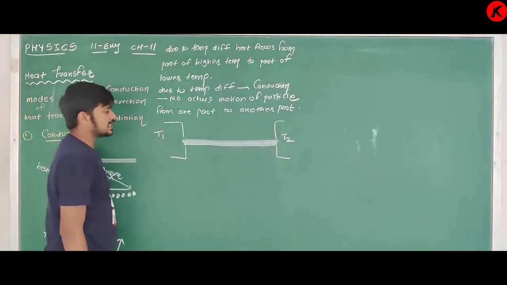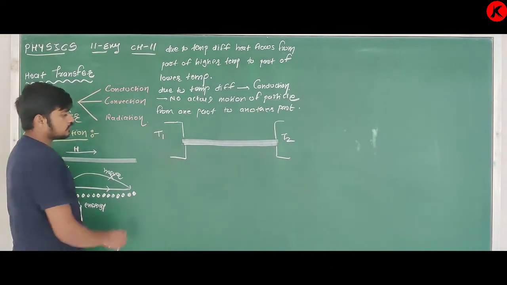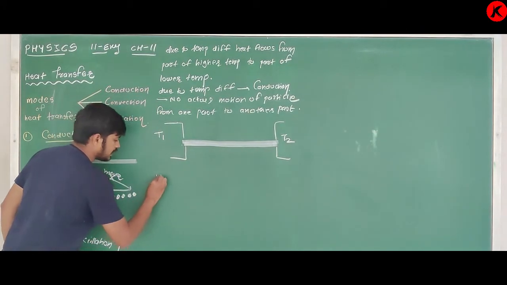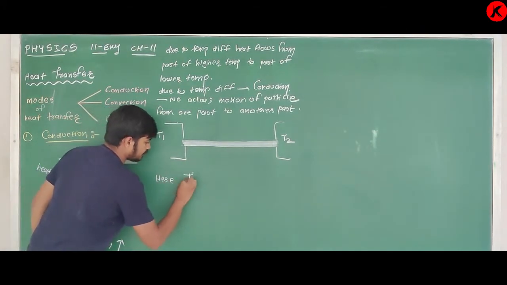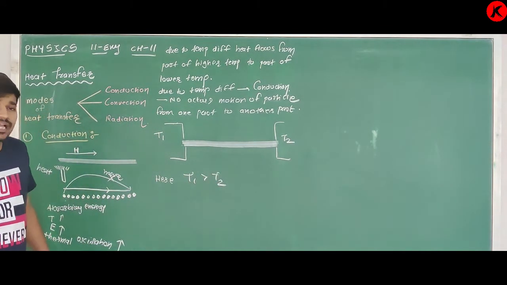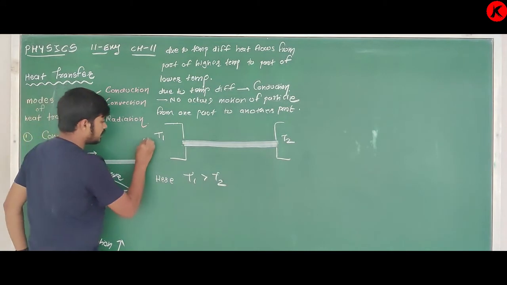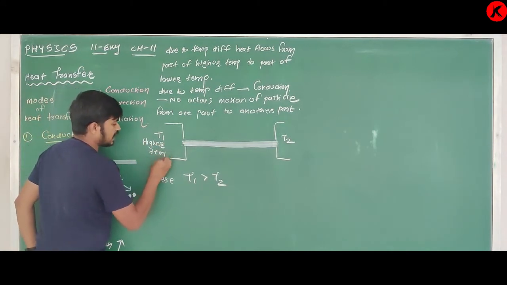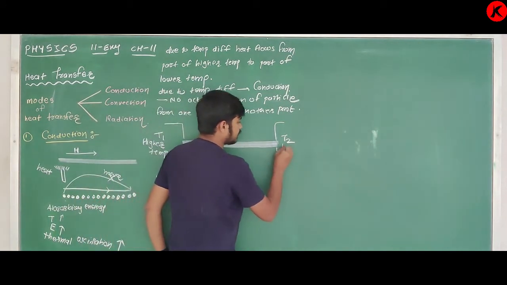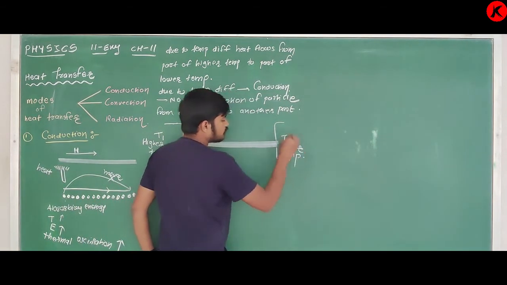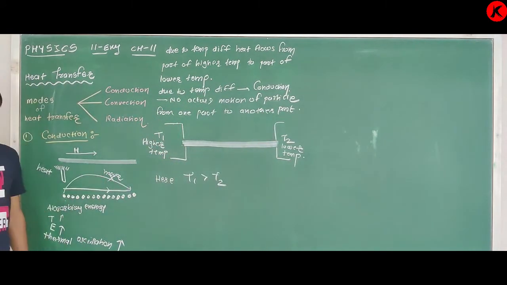These two temperatures are maintained constant. Here I am giving one condition: T1 is greater than T2, meaning this side is at higher temperature and this side is at lower temperature.